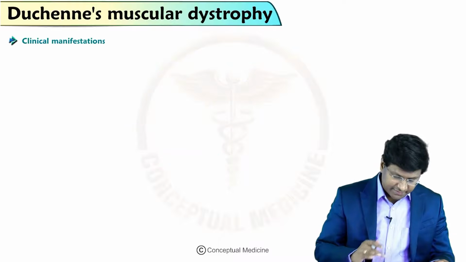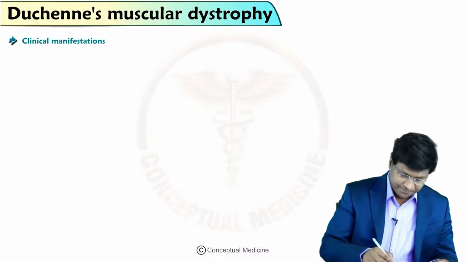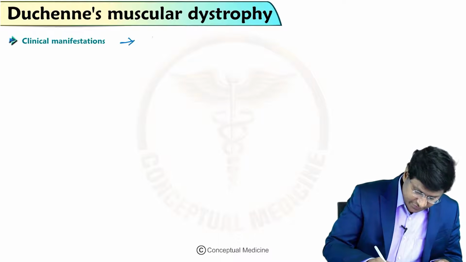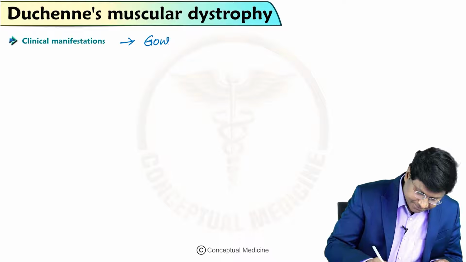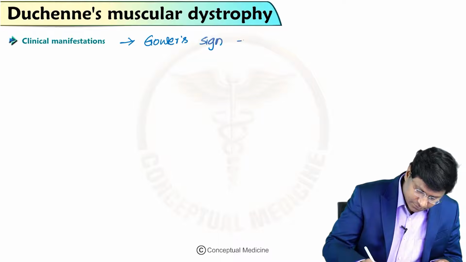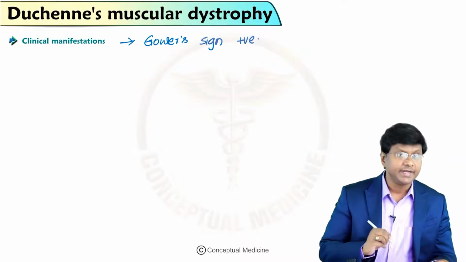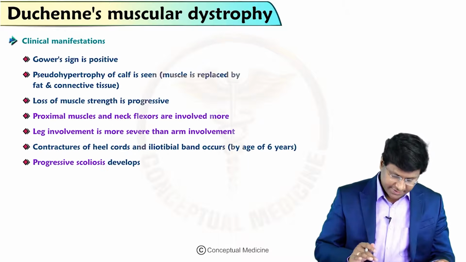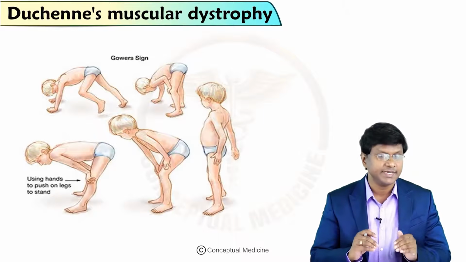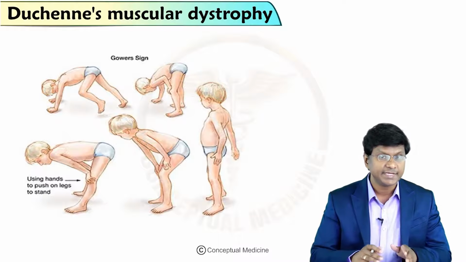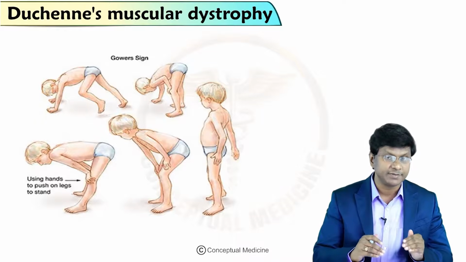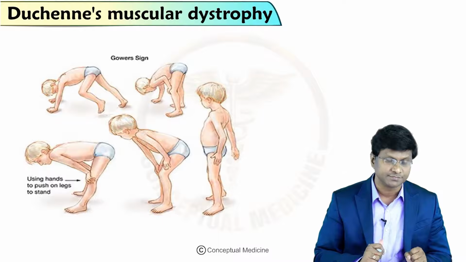And if you take the clinical manifestations in these individuals, the Gower sign will be positive. And what is this Gower sign? The Gower sign is that the individual will not be able to get up straight whenever he wants to get up from the sitting position or squatting position.